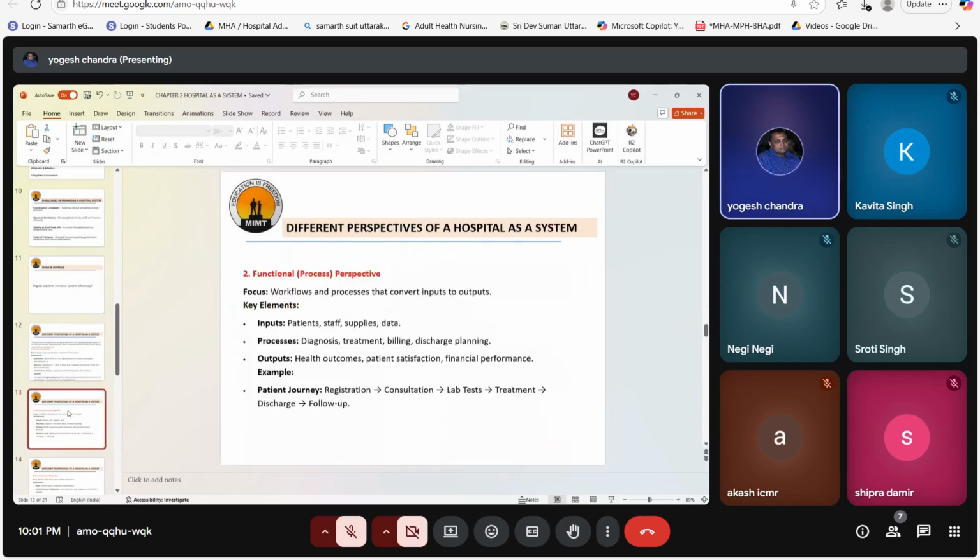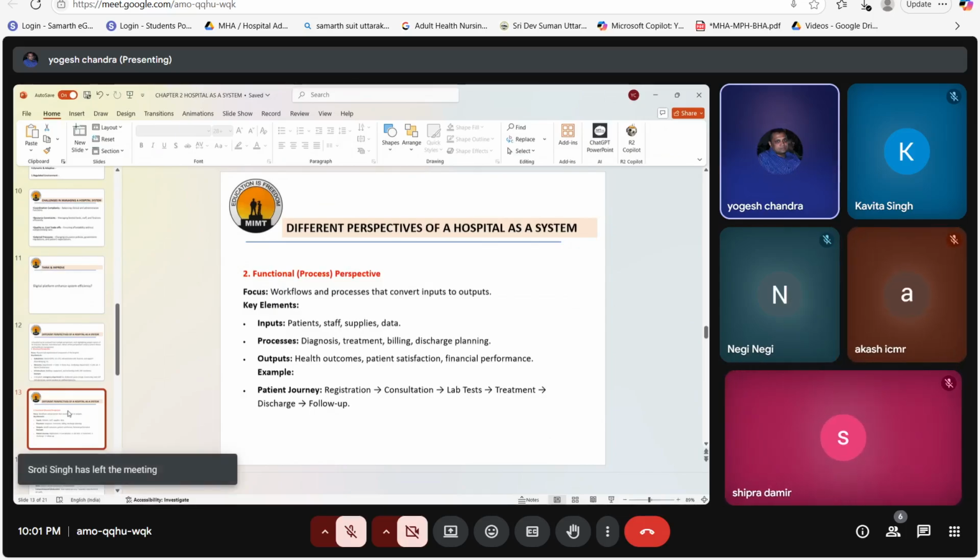The second perspective is the functional one, where you talk about input, process, and output, workflow and process. They are the functional perspective, a process that converts the input into the output. The input you have to think about department by department. If you take the patient journey in a system, initially the patient comes to the hospital, is registered, then goes for the consultation. If the consultant writes some tests, he goes for the tests.